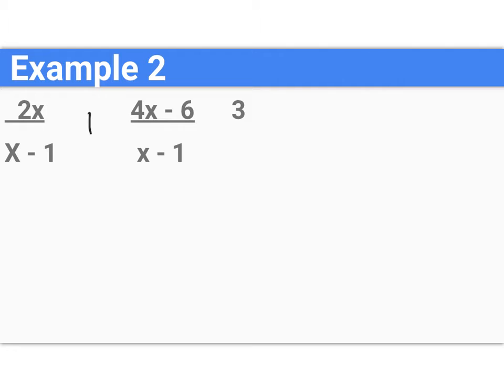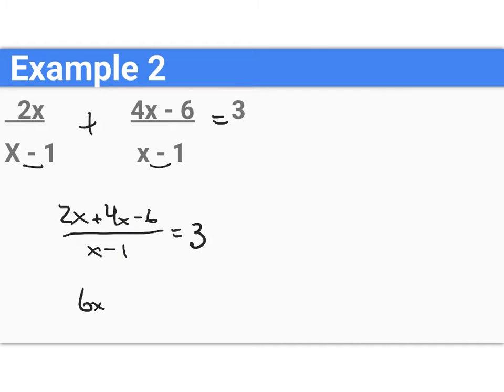So example 2. We're going to add and set that equal to 3. Since they had the same bottom, we get 2x plus 4x minus 6 over x minus 1 equals 3.